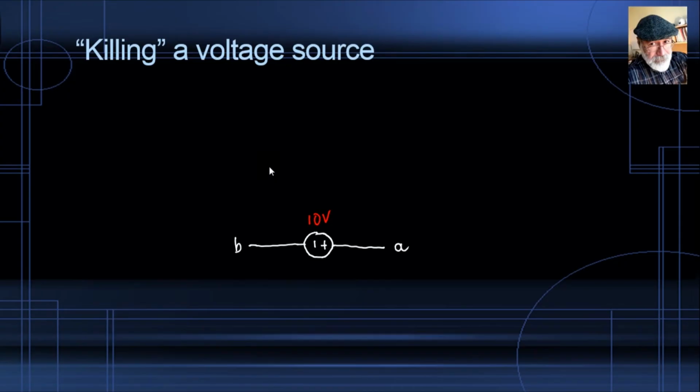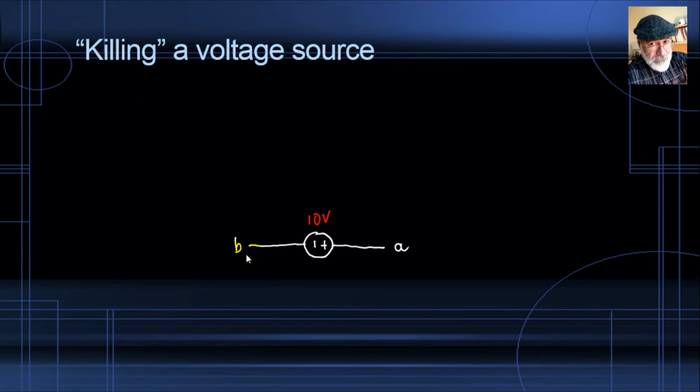If it's a voltage source, let's explore how to kill it. Let's say this source, a 10-volt source between nodes B and A. It's there sitting and guaranteeing that whatever happens, A is higher than B by 10 volts, right? Correct.